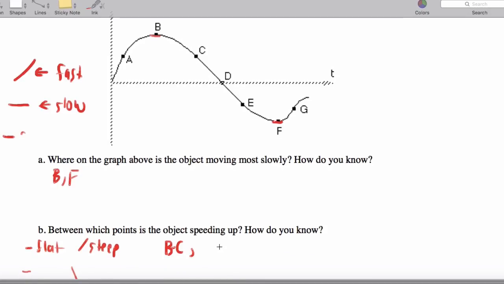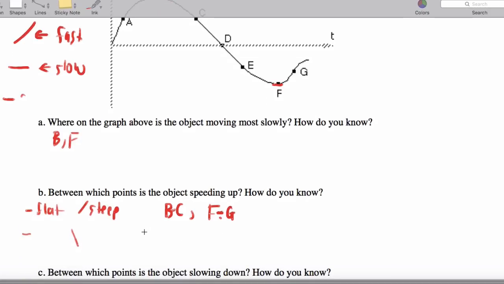From F to G, let's see, no, yes, no. That's it. All right, and the reason we can say this is we go from flat to steep slope.